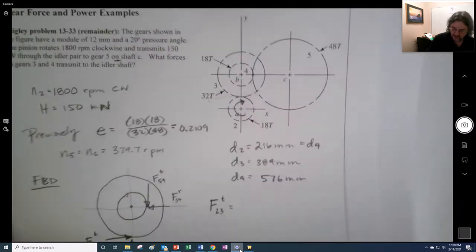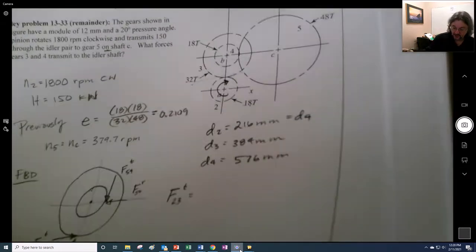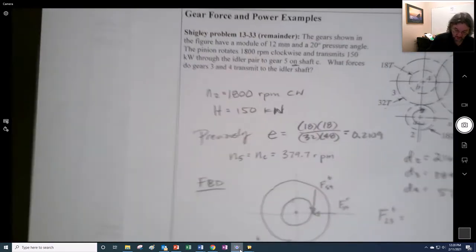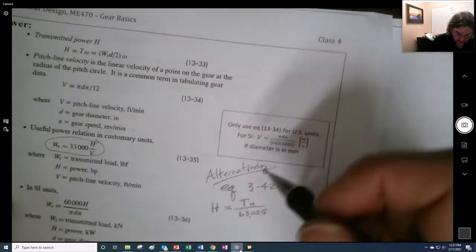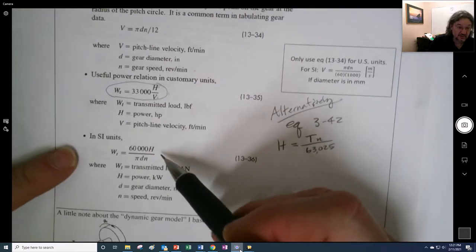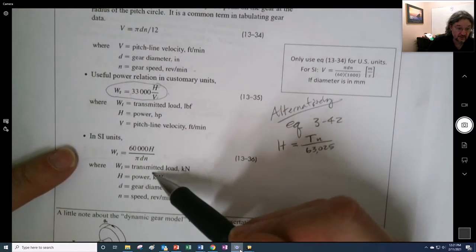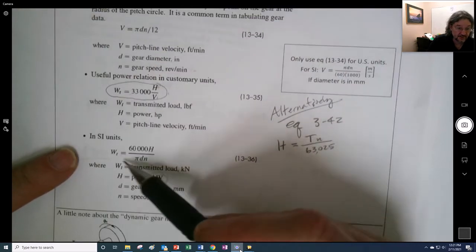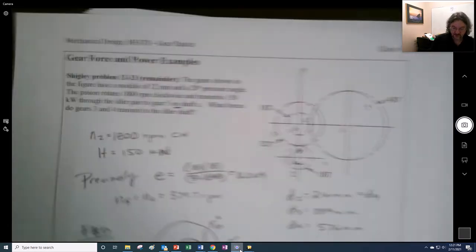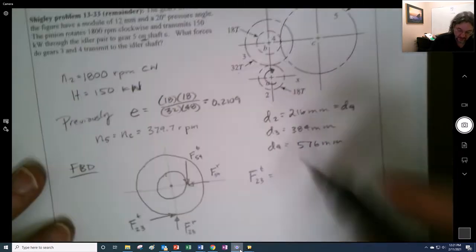We're going to use equation 13-36, because we're dealing with kilowatts right here. Here's kilowatts right here, and we want to get this transmitted force. So that's the one that we're going to use.